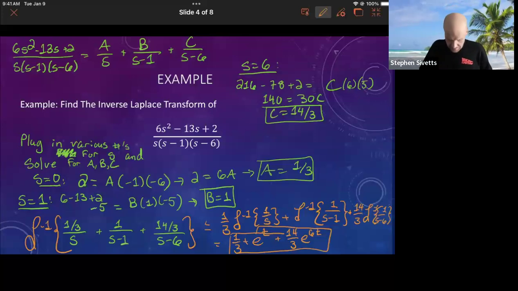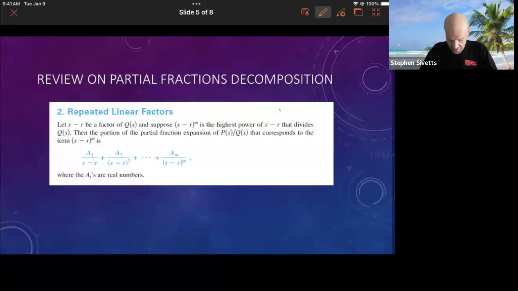All right. The other case is if we have a repeated linear factor in a rational function A of s over Q of s, right?